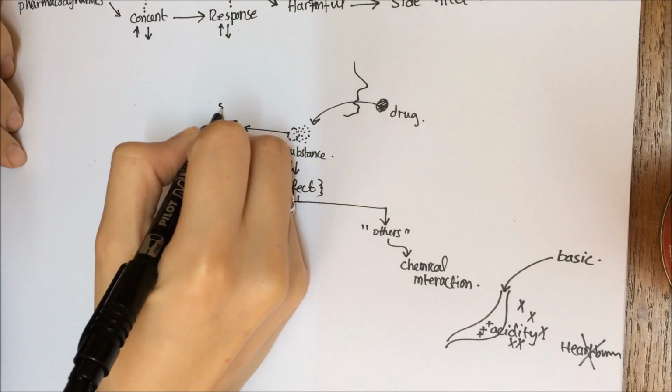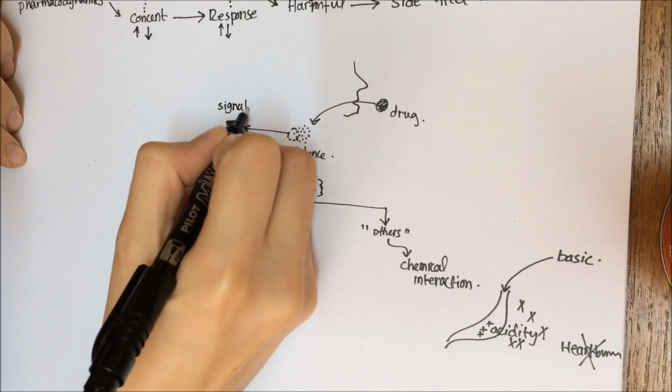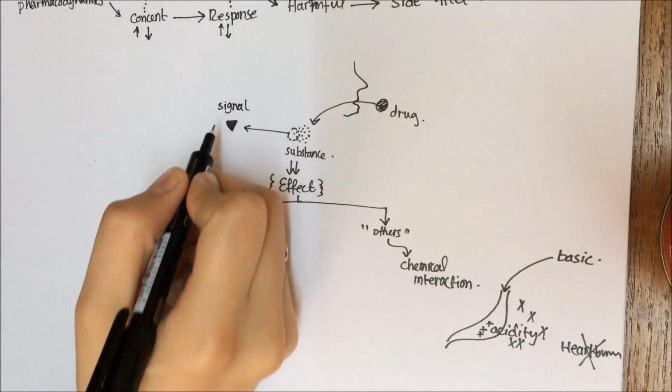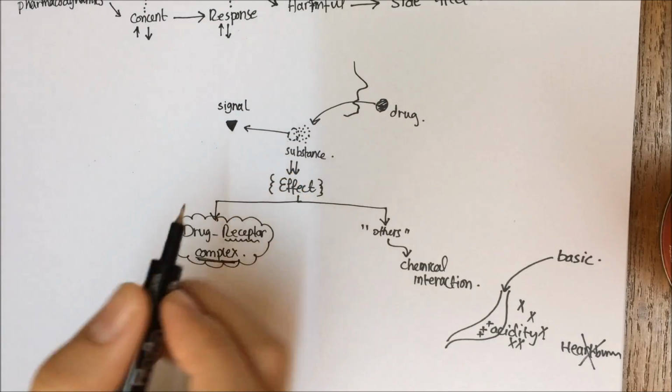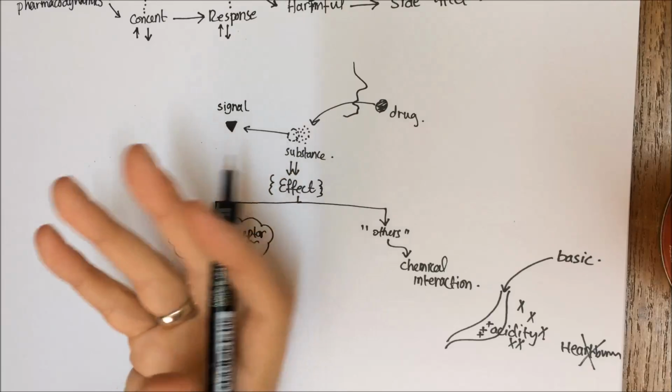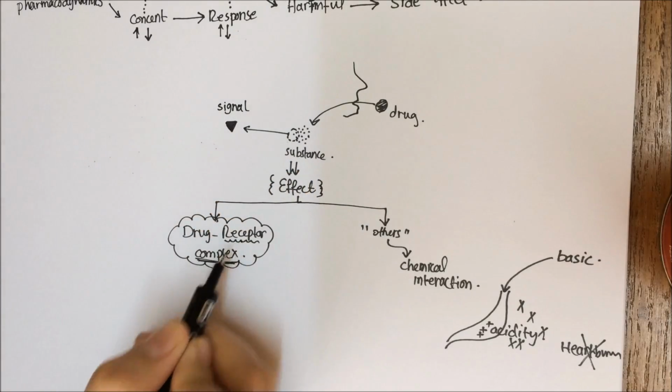This drug molecule is going to work as a signal that has a certain message. It is carrying a certain message inside it, and this message should be sent and given to a certain protein molecule that is the receptor.